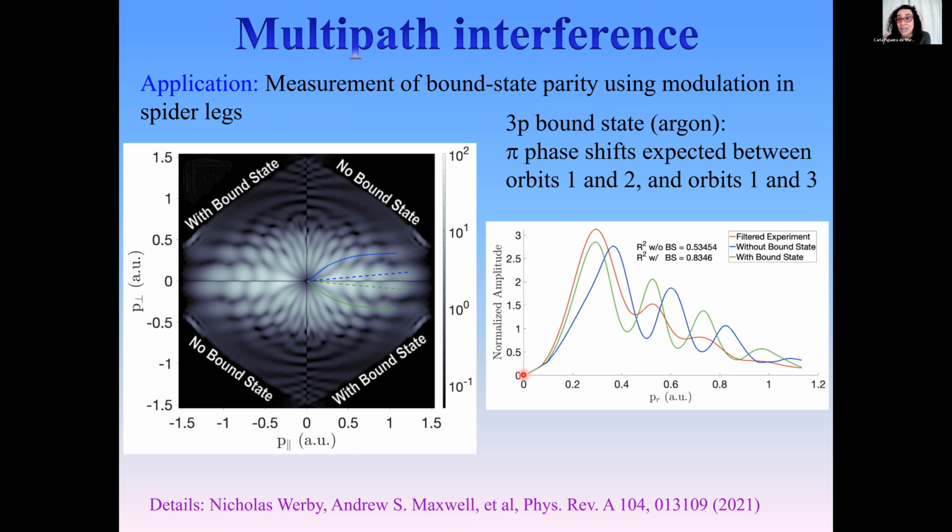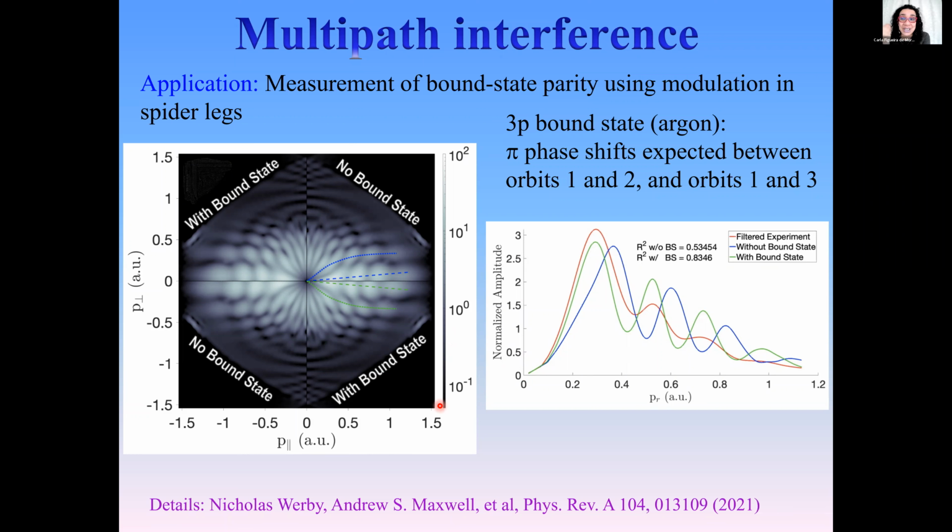So you don't need to use a specific holographic feature that you see in these momentum maps in a region in which you are safe, because maybe the other ones are absent, like the carpet. But you can use also multipath interference.